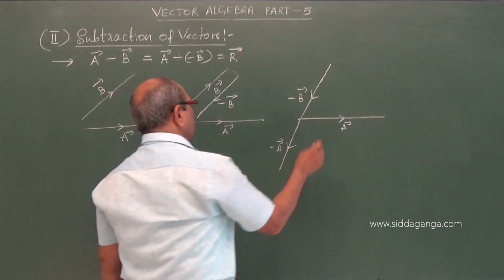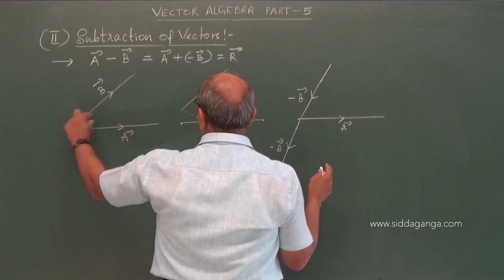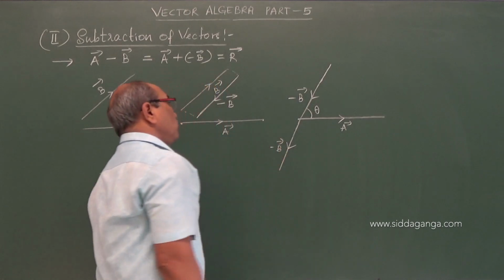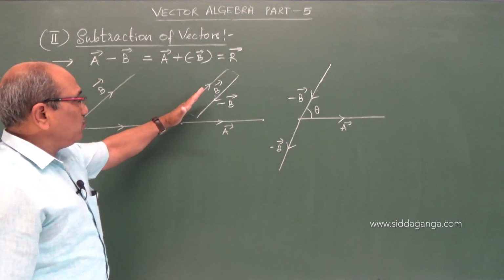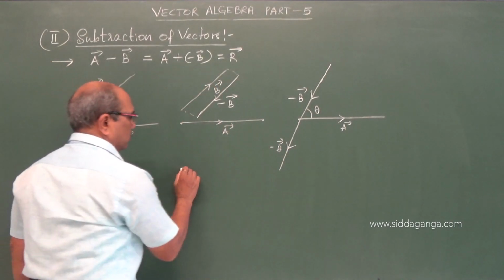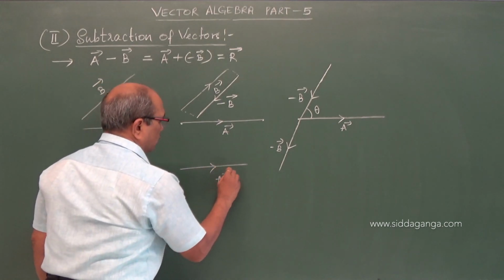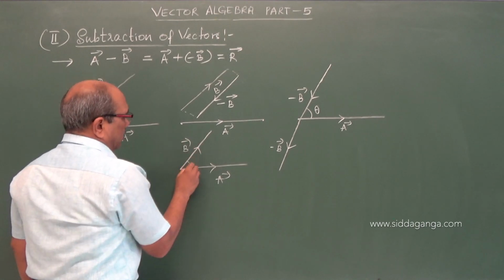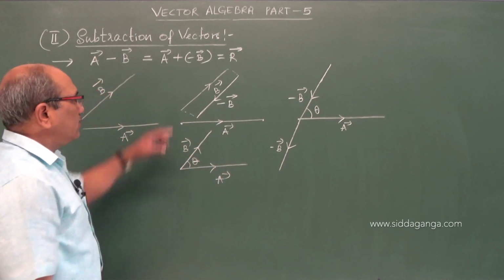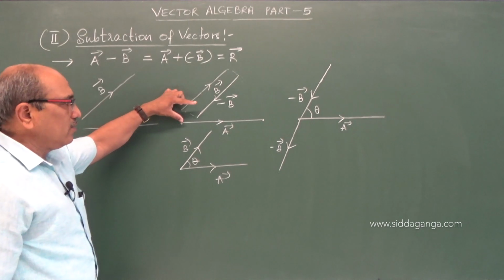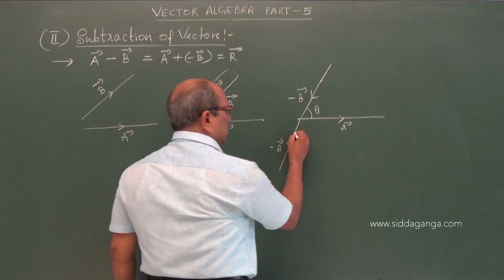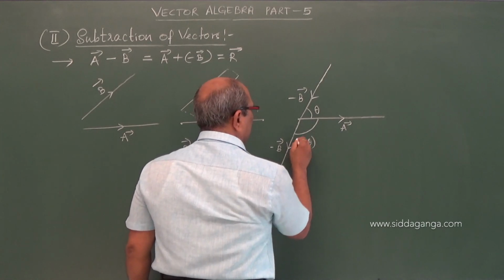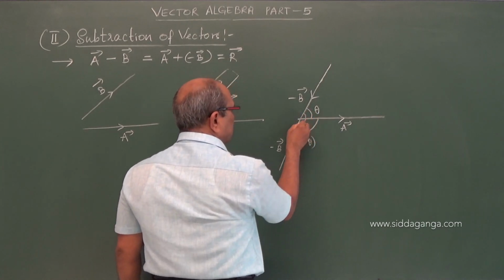What is the angle? If I join A with respect to B, the angle between them is theta. But if I shift and join here, this angle is pi minus theta, because the total angle is pi.